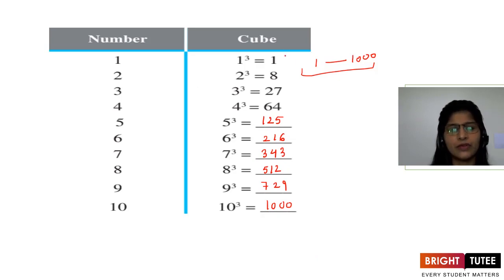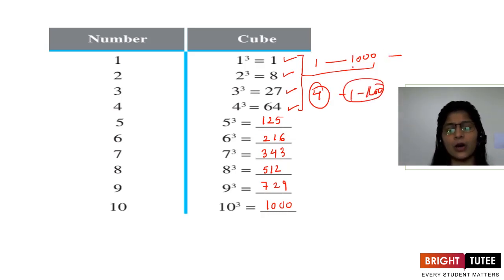Just see, between 1 and 100 we have 1, 8, 27, 64. 125 is more than 100. So there are only 4 perfect cubes between 1 and 100. Right? And how many from 1 to 1000? It is 10 perfect cubes. Clear? So the number of perfect cubes is lesser than the number of perfect squares. And squares we had many.